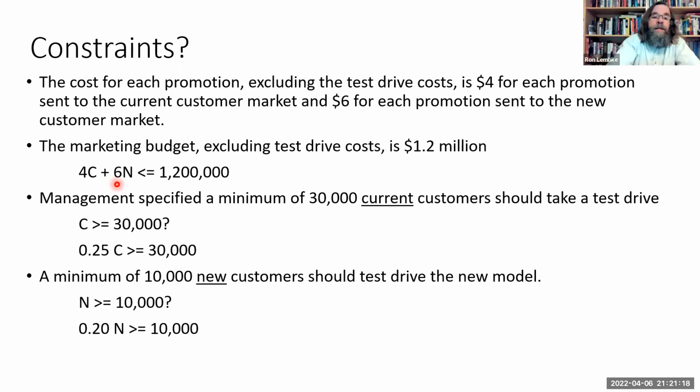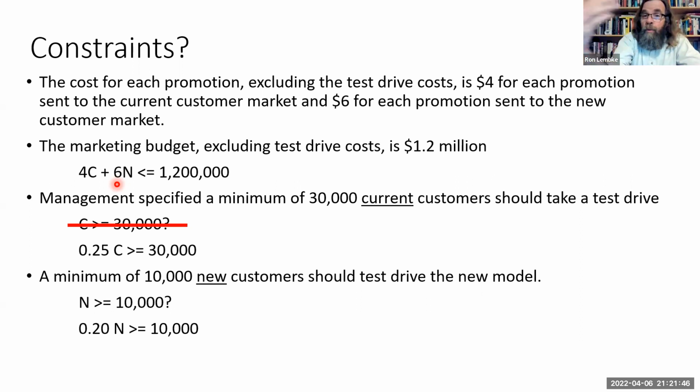Then next, management has specified a minimum of 30,000 current customers should take a test drive. That seems pretty reasonable. We have metrics of how effective we want this promotion to be. So is the goal that the number of current customers, C, should be greater than or equal to 30,000? Because it might kind of seem that way at first, except no, that's not what we want.